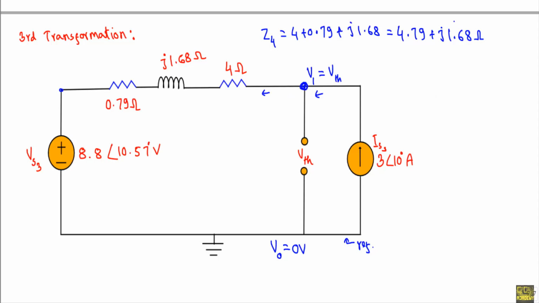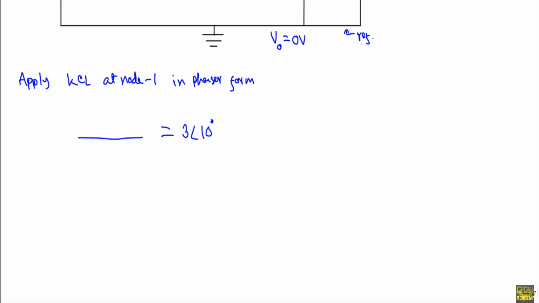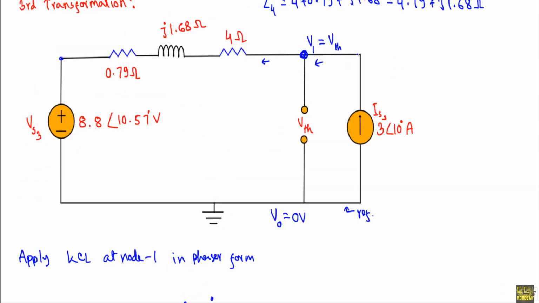So if I apply Kirchhoff's current law in node 1, I will get the entering current equal to 3, phase angle 10 degree, and the leaving current will be equal to V1 or VTH minus this VS3 over Z4.